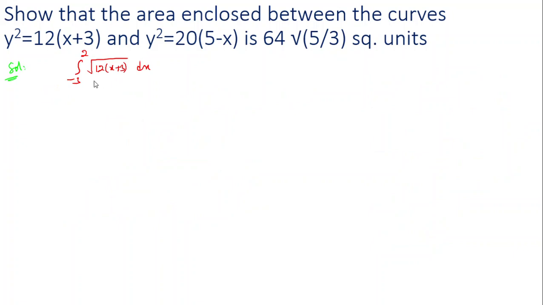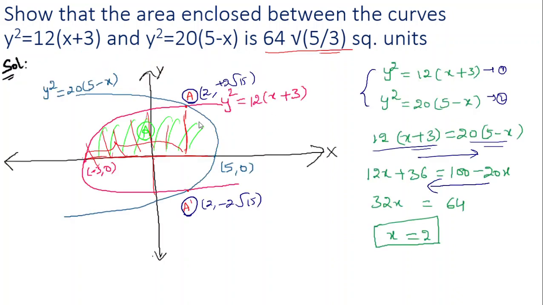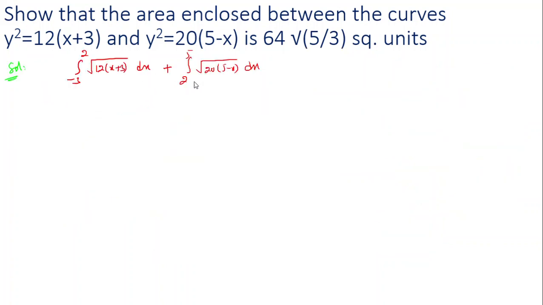So we wrote it as root of 12 of x plus 3, since y square is equal to 12 of x plus 3 and y is root 12 of x plus 3. Plus the integral from 2 to 5 of root 20 of 5 minus x dx, because from 2 to 5 the area falls under the second curve. The second curve is y square is equal to 20 of 5 minus x, and y is equal to root 20 of 5 minus x.